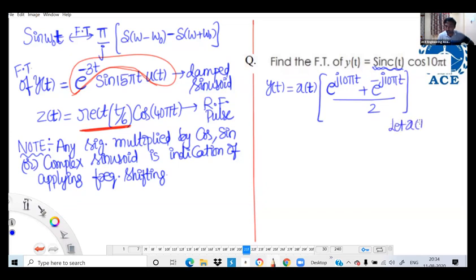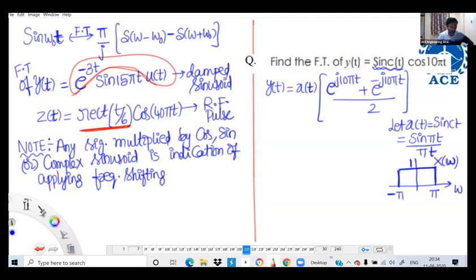Everyone tell me what is the Fourier transform of sinc t directly. Sinc t expansion is sin pi t by pi t. So it is a rectangle that covers what range? Minus pi to pi.